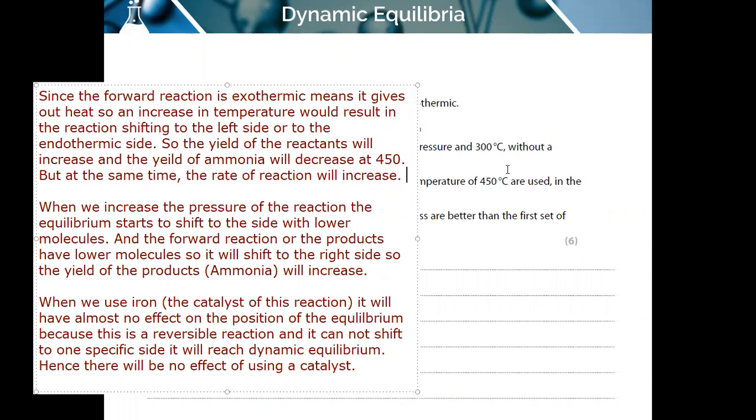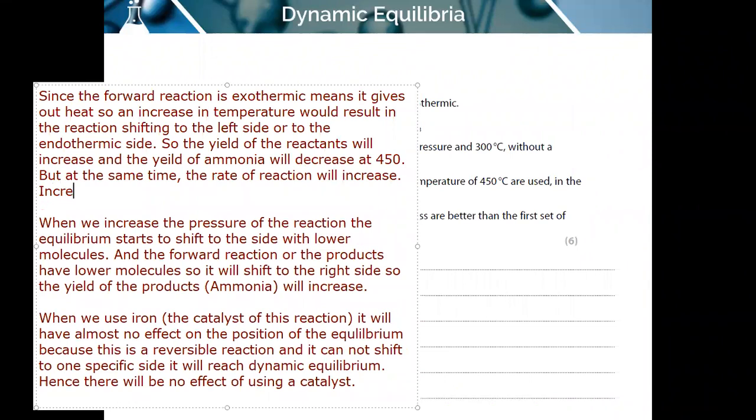But the lower the temperature, the slower the rate of reaction. So you will get more ammonia, but the reaction will take a very long time. That is the logic here as well. Even though 450 gives us less ammonia, the rate of reaction is going to be much, much faster. And then you have to explain why.